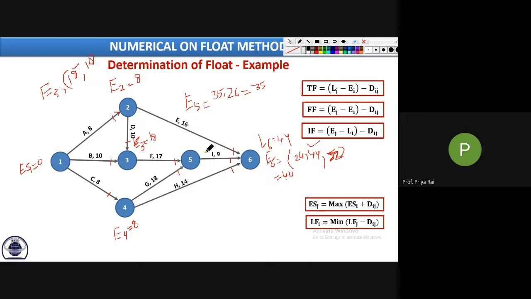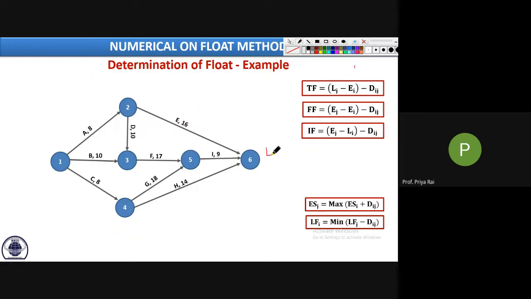Now which event will we calculate for L? For calculating LF, you have to see the tail.